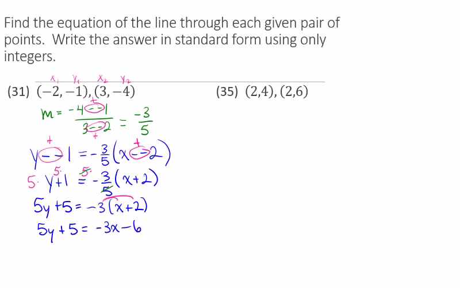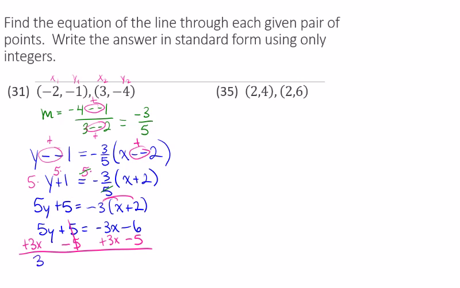All right, so now we want to get this in standard form. So I want my x and y on the same side, but I want the x term to be positive, right? So here I have -3x. So I'm going to move it to the left to make it positive. So I'm going to add 3x to both sides. Okay, so then the y is already on that side, so I'm just going to leave it there, and then I'm going to subtract 5 from both sides.